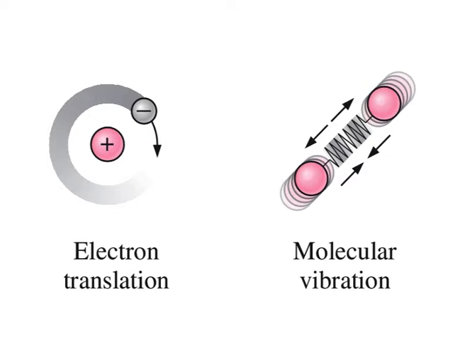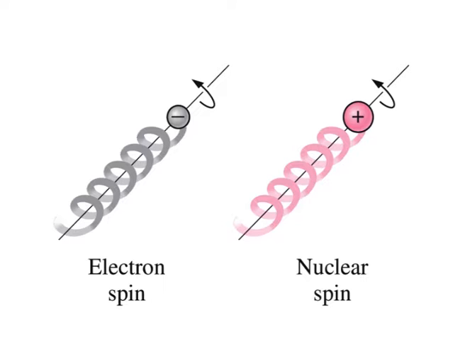For gases, the kinetic energy is mostly due to translational and rotational motions, with vibrational motion becoming significant at higher temperatures. The electrons in an atom rotate about the nucleus and thus possess rotational kinetic energy. Electrons also spin about their axis, and the energy associated with this motion is the spin energy.